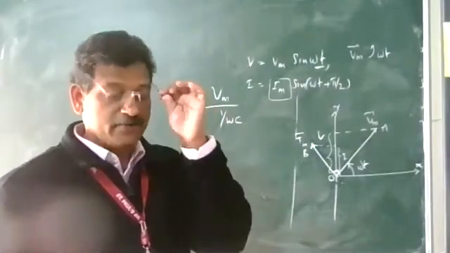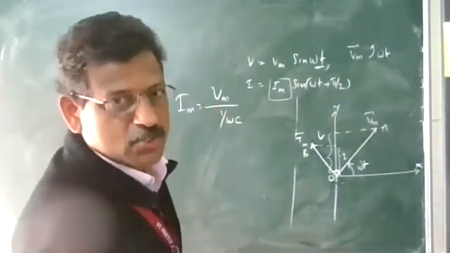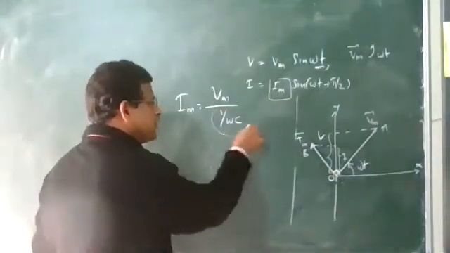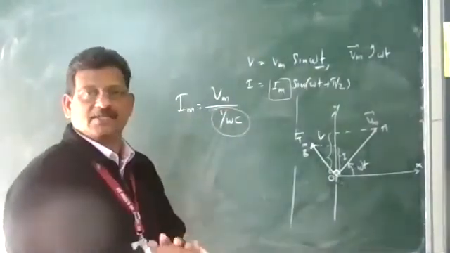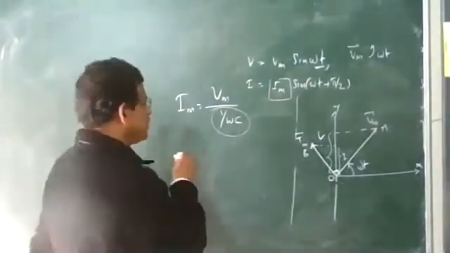That resistance is offered by the capacitor. So 1 by omega C, we call it the resistance offered by the capacitor, and it is called capacitive reactance.